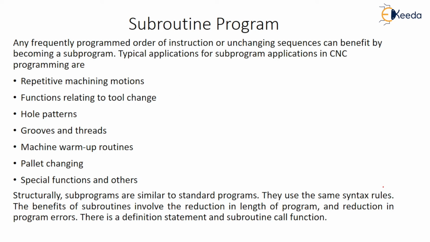Those are considered in a subroutine. The structure of subprograms is similar to standard programs and they use the same syntax rules. The benefits of the subroutine involve a reduction in the length of the program and a reduction in program error. There is a definition statement and the subroutine call function.